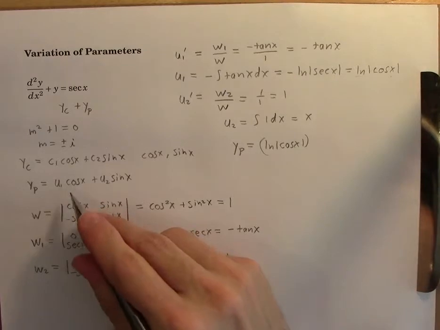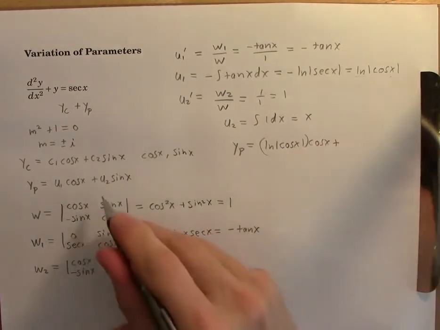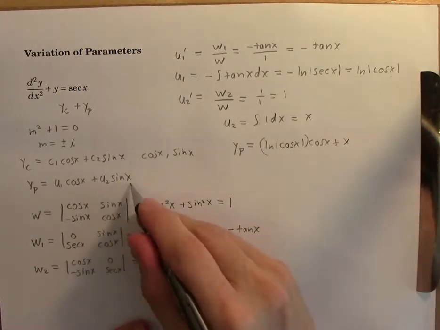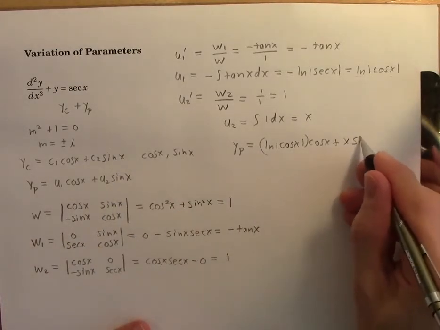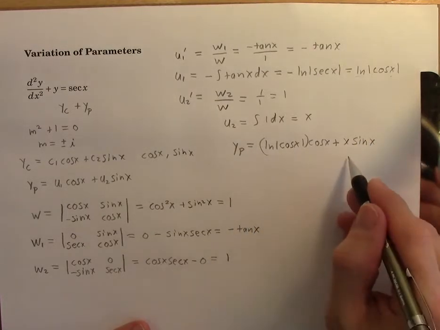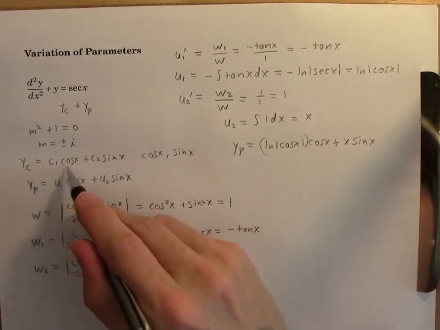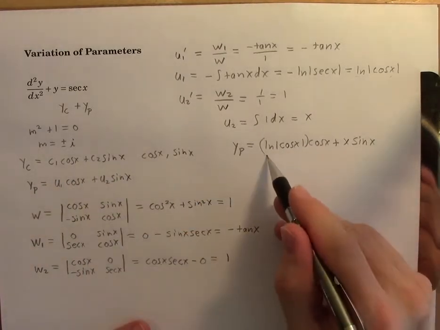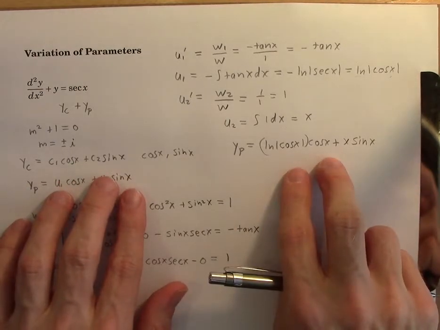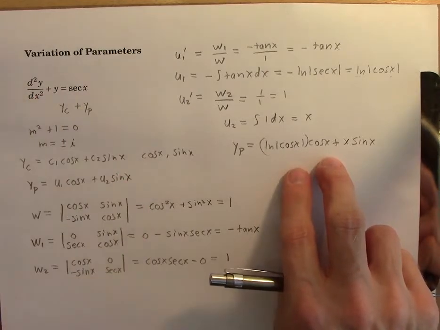And then that's being multiplied by cosine of x. And then we have u2, which is equal to x. And that gets multiplied by the sine of x. And so that gives us our particular solution. So we have both parts. We have the complementary solution back here, and now we have the particular solution. And so if we add these two solutions together, we'll have the general solution for the differential equation up here.